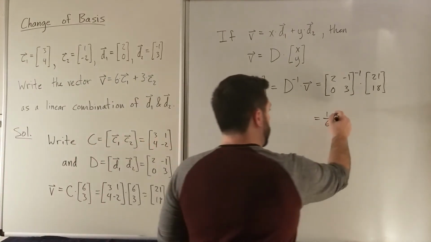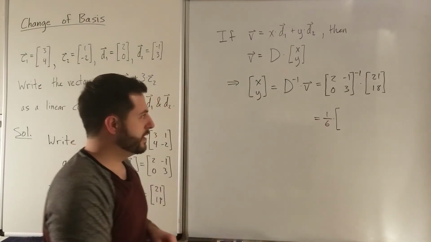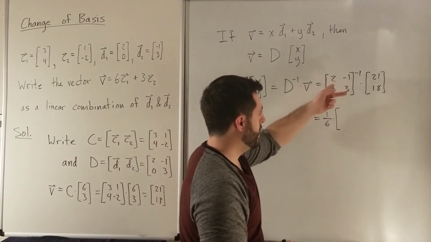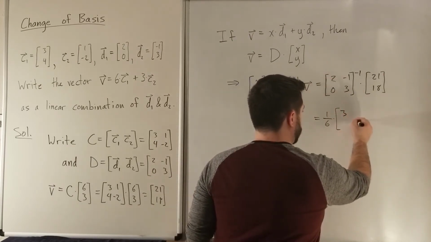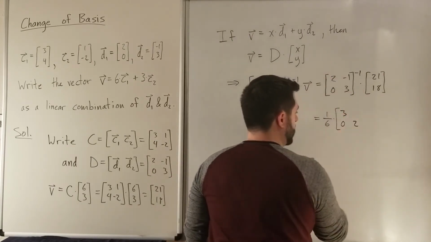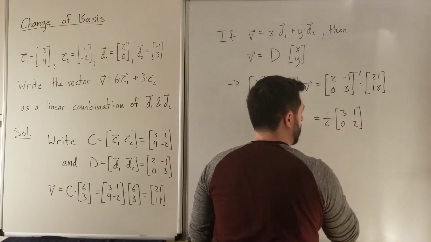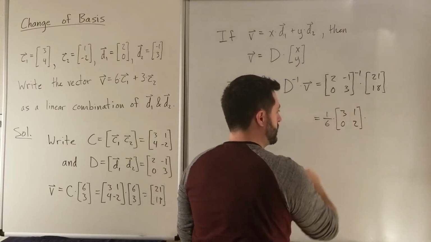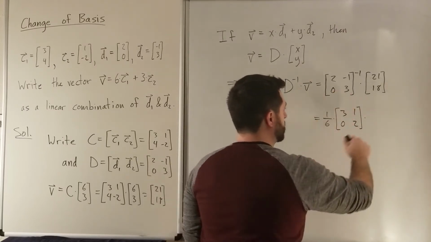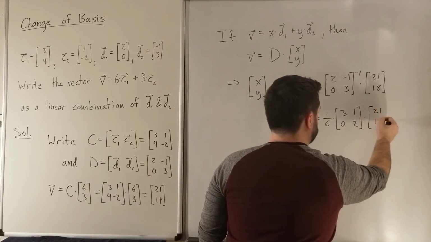Then you multiply by this other matrix where you switch the main diagonal and negate the off diagonal. So this becomes 3, 2, negation of 0 is still 0, negation of negative 1 is positive 1. So that 1/6 times this 2 by 2 matrix is the inverse of this matrix, and that is what we are multiplying by [21, 18].